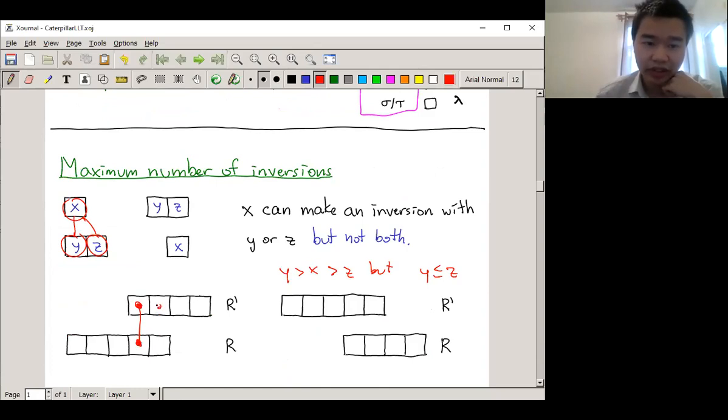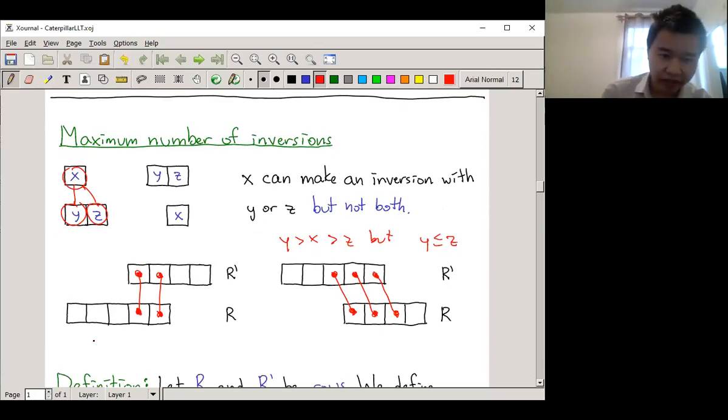So here on the left, I could get two inversions, but I can't get any more because no cell can occur twice in an inversion. So I was really interested in this number. On the right-hand side, when I've switched to R and R prime, I can get three inversions going like this, but that's the maximum number that I can get.